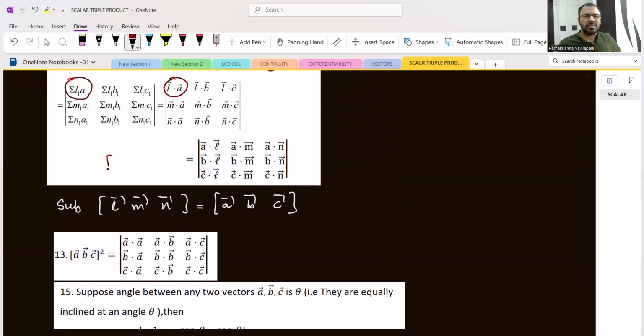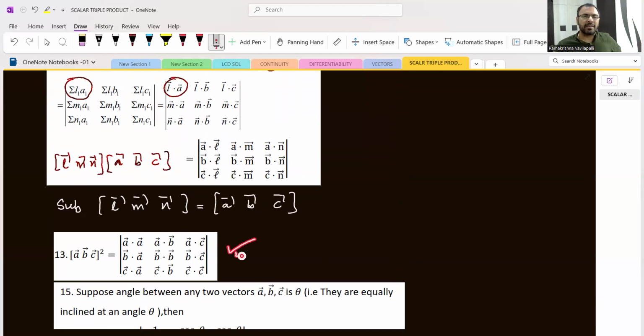This is box of ABC and box of LMN. So substitute LMN here: substitute LMN equal to A bar, B bar, C bar.